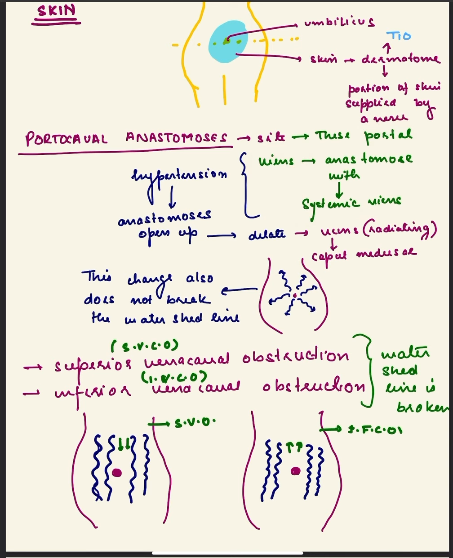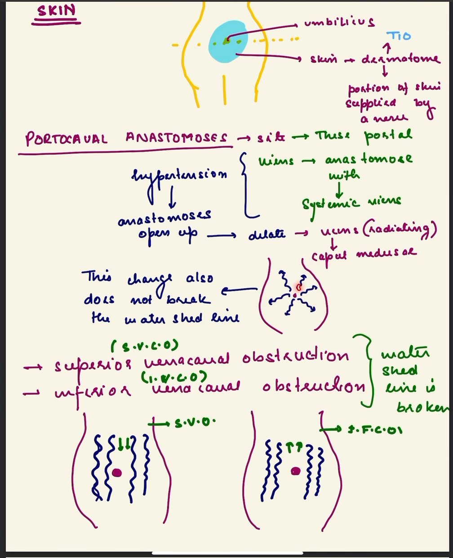And when portal hypertension occurs, these anastomoses open up and dilate. During dilation, these veins radiate and form a structure like this. The structure that you can see here is known as caput medusae.